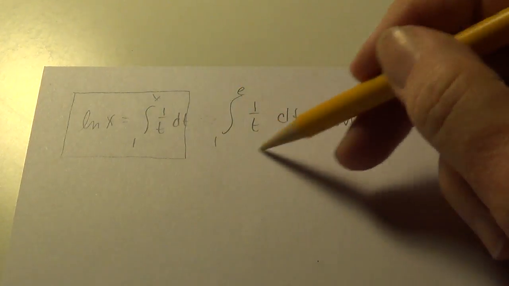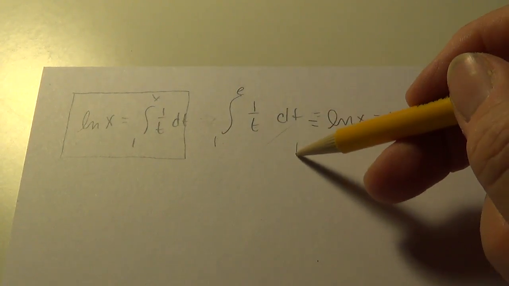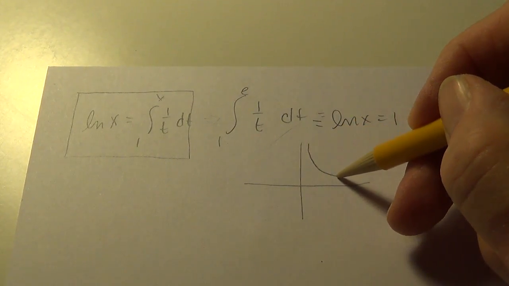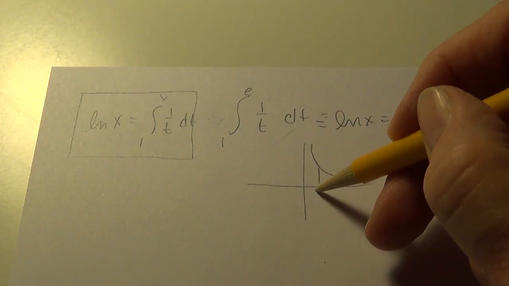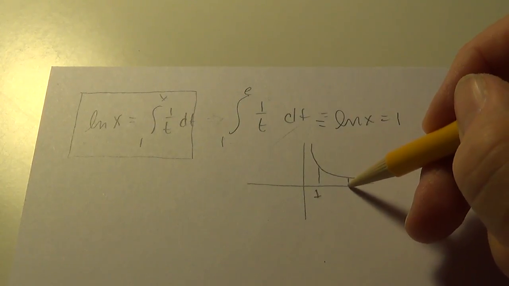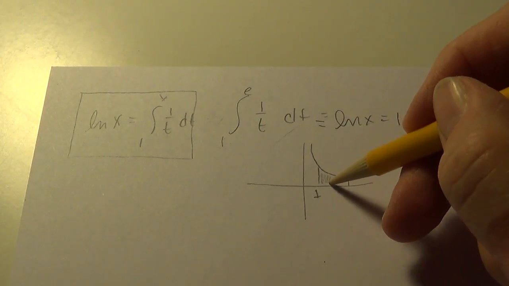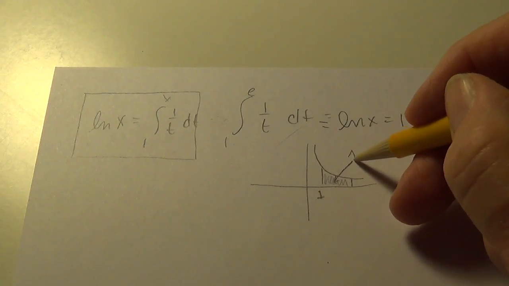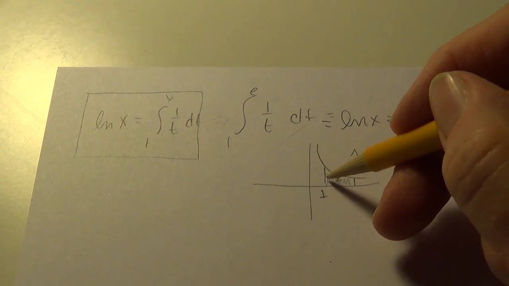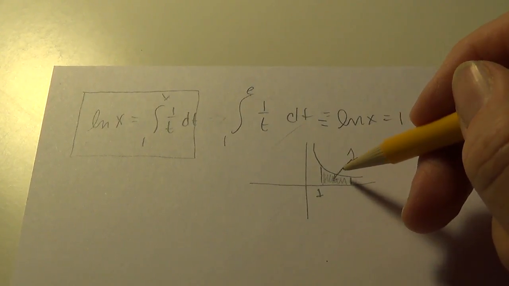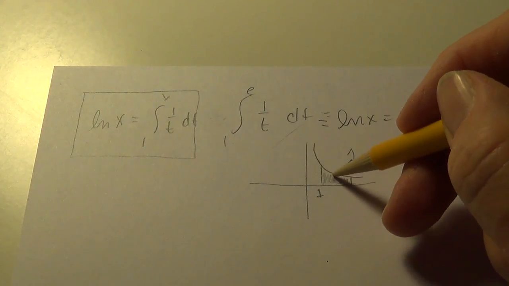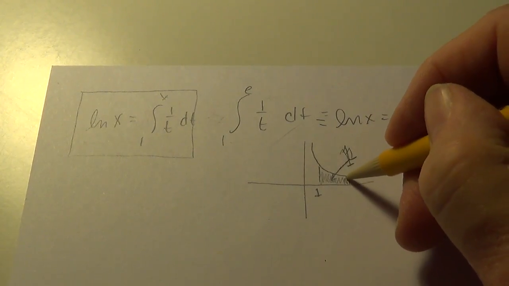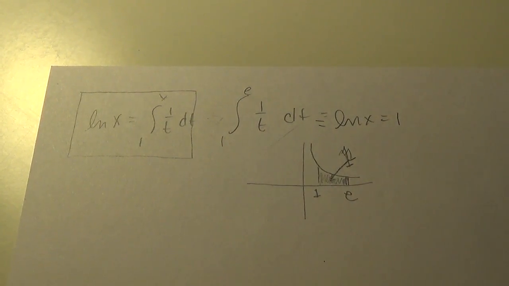So this is telling me that the integral from 1 to e of 1 over t, that's this value, 1. When I move away from 1 and get to the spot where this area, this integral, is equal to 1, then I am at e, which is very interesting.